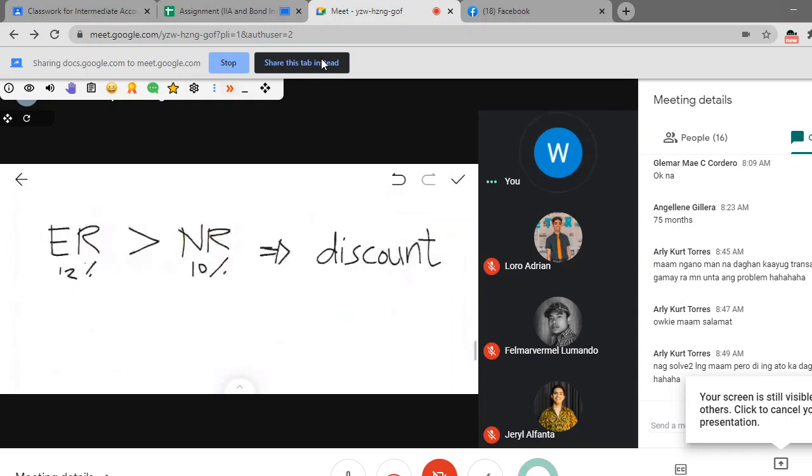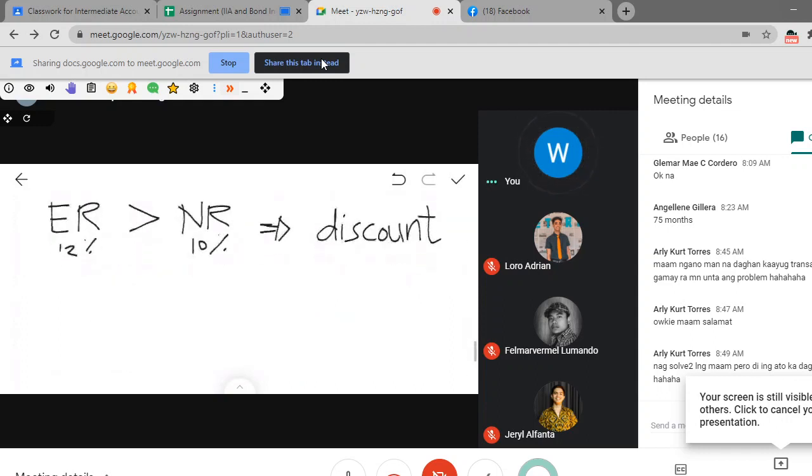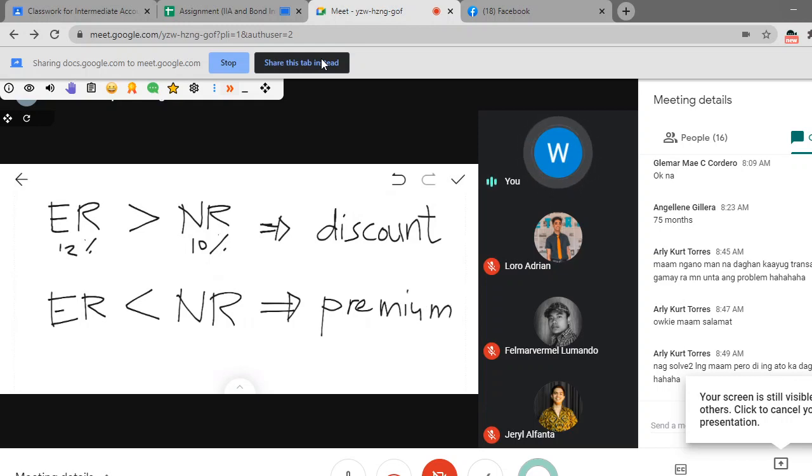Let's plot those concepts here. So again, if your effective rate is less than your nominal rate, you have this premium. So balihon lang. Example, your effective rate is 10 and your nominal rate is 12, then that is a premium.